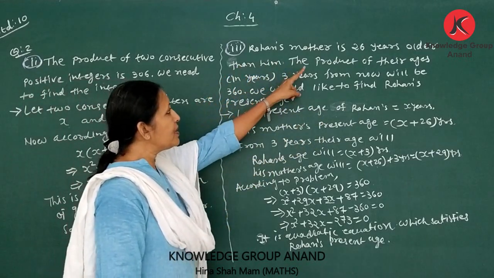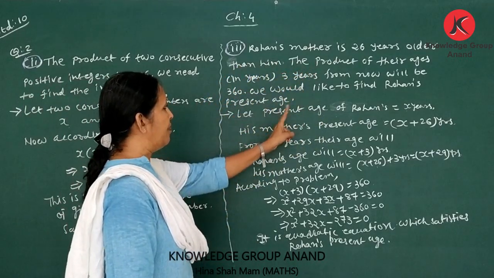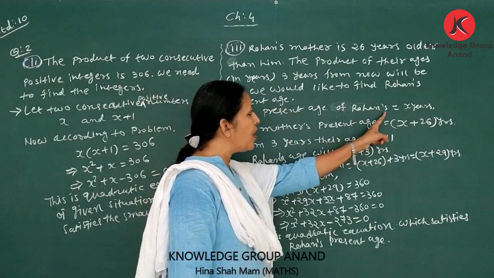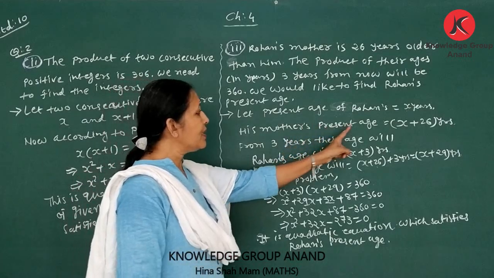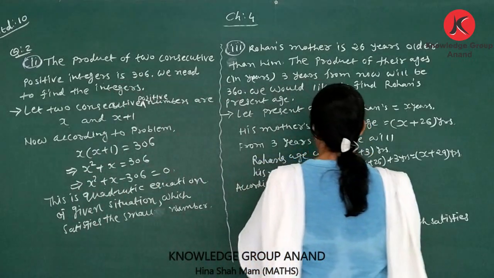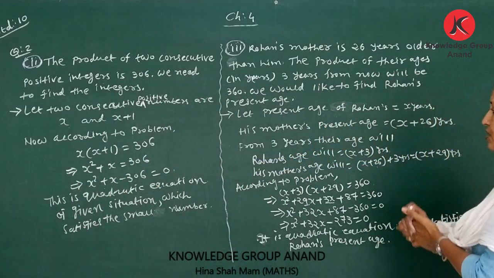Again, Rohan's mother is 26 years older than him. Suppose the present age of Rohan is equal to x years. Rohan's mother's present age is equal to x plus 26 years.